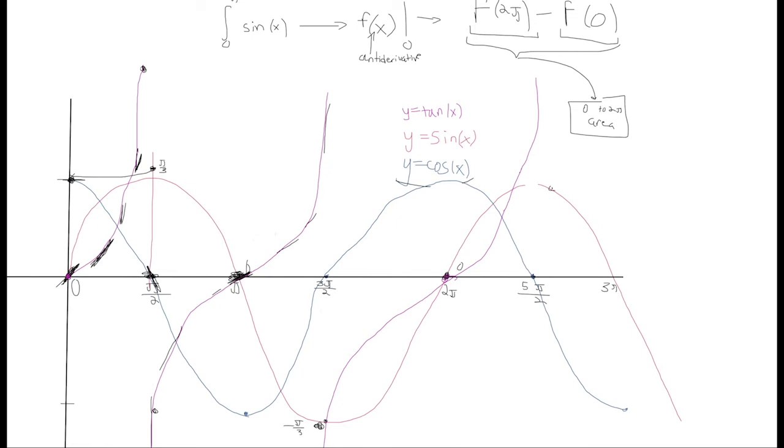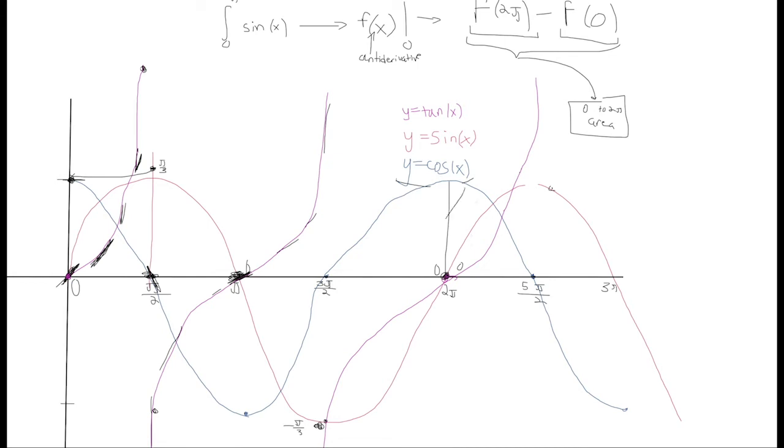And then we're going to get even more negative. Remember, we're looking at the blue graph. And then we're actually going to get positive. We're going to approach 0 again, because this shaded area is going to cancel out with this shaded area.